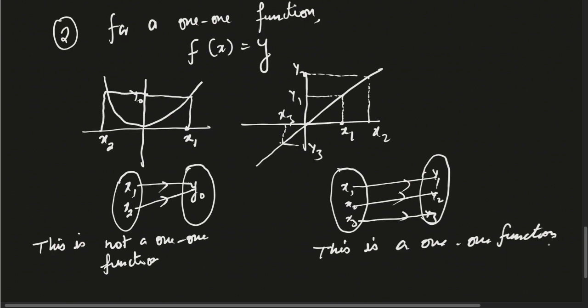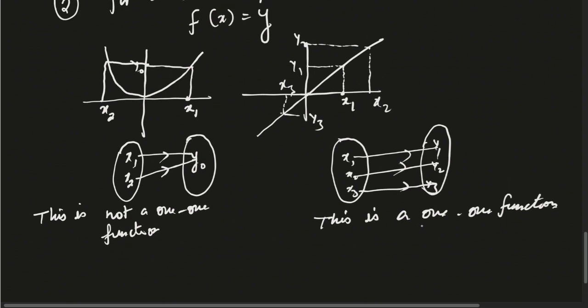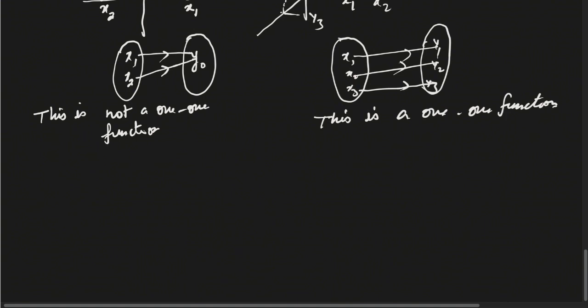So you can draw a conclusion that if a function is 1-1, then it must be either a strictly increasing function or a strictly decreasing function. I hope you have come across these terms in your basic mathematics course. A strictly increasing function is one which always increases when we increase the value of x.